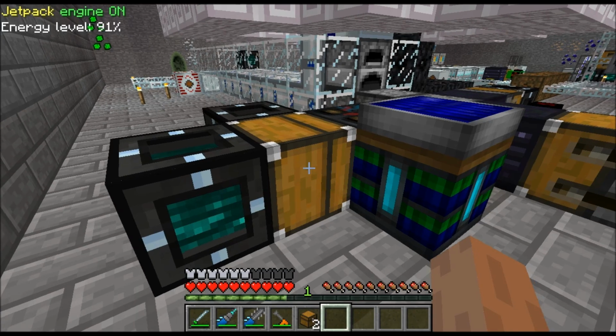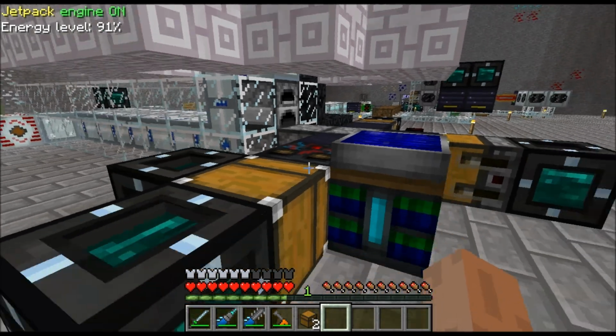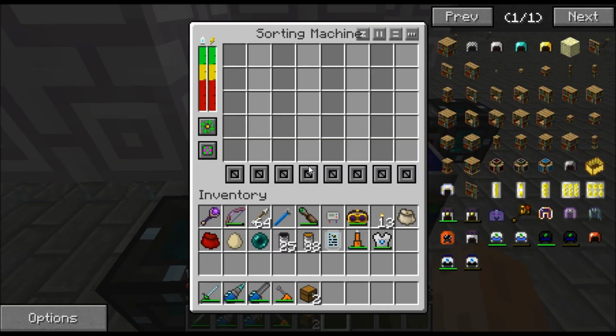Then I used this sorting machine, and its setup is that it will always run, and this guy right here says I will pull out any item from the adjacent inventory. But this system right here will make it prioritize whatever item is in the top left corner first.